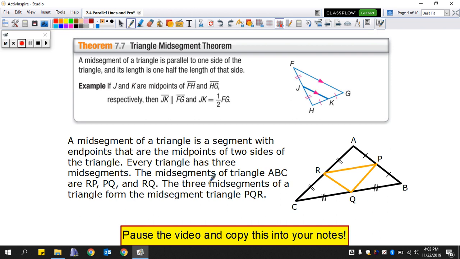The midsegments of triangle ABC are RP, which is parallel to CB, PQ, which is parallel to AC, and RQ, which is parallel to AB. And the little triangle that's formed here in the middle, if you draw all three of the midsegments, is called a midsegment triangle. All right, so pause the video and copy these notes into your notebook as well.